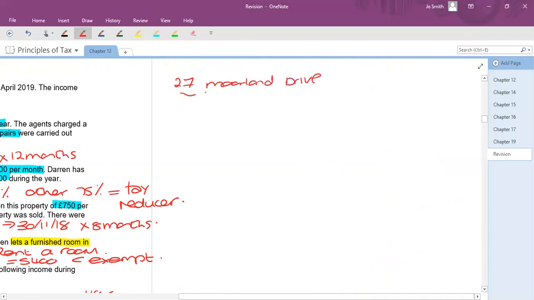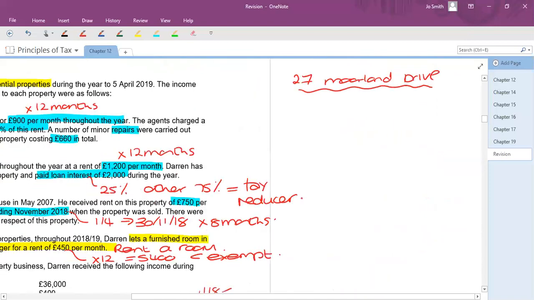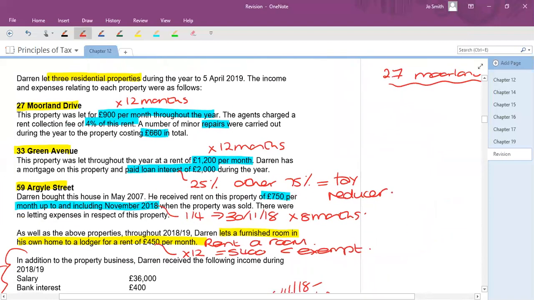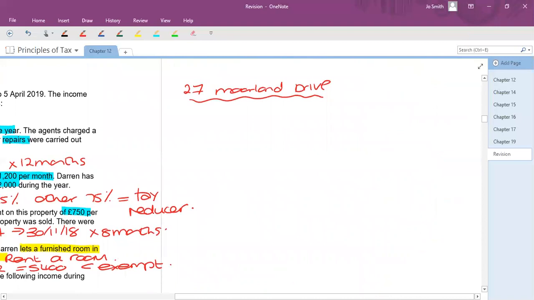That's property number 1. And as we saw, we got £900 a month. So that's his rent. £900 times 12 gives me 10,800. And then his expenses, he's got 4% of that rental income.